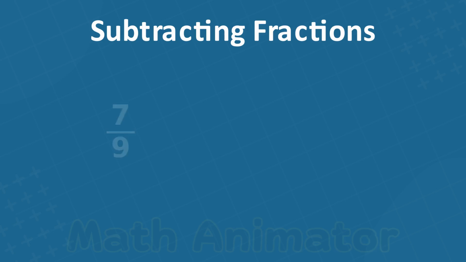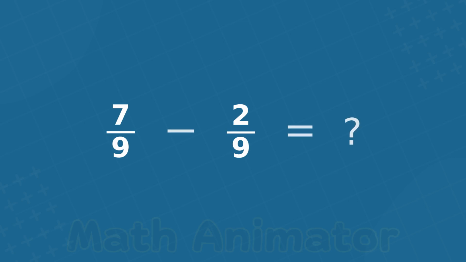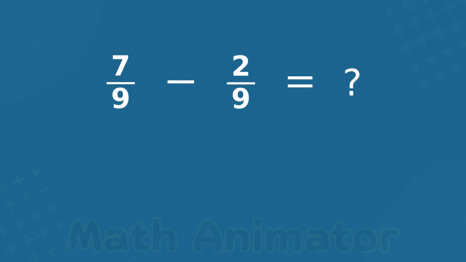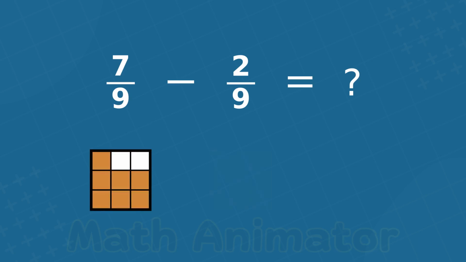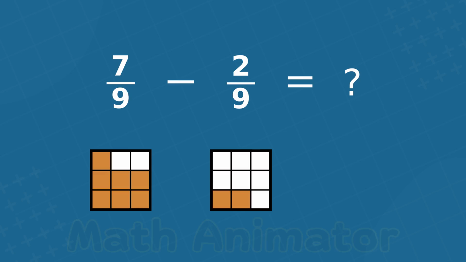How can we subtract fractions? For example, how can we subtract 2/9 from 7/9? Let's look at the following two squares with shaded parts. They represent these two fractions with the same denominator, 9.